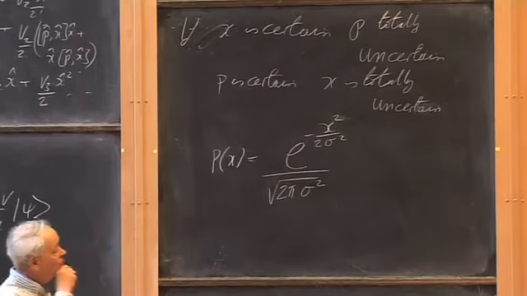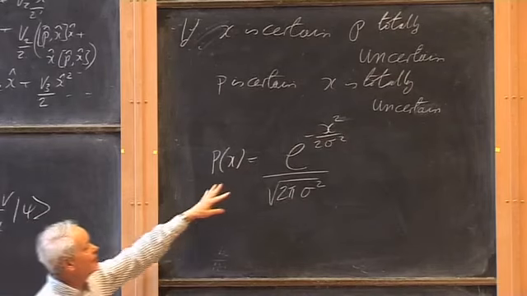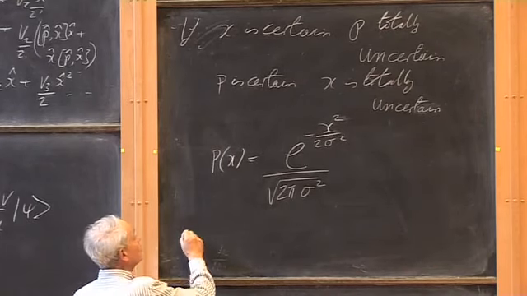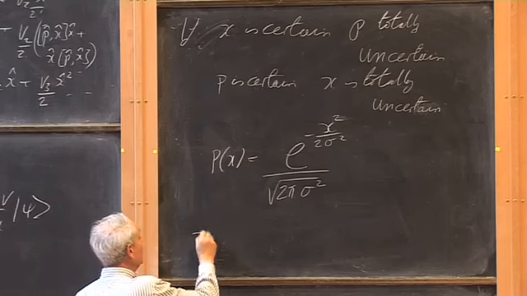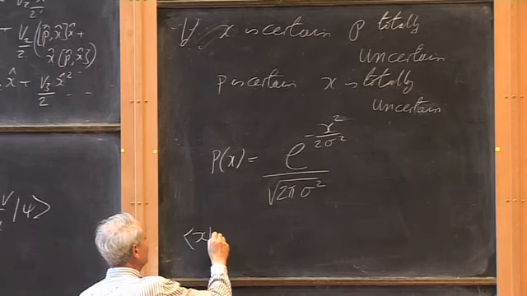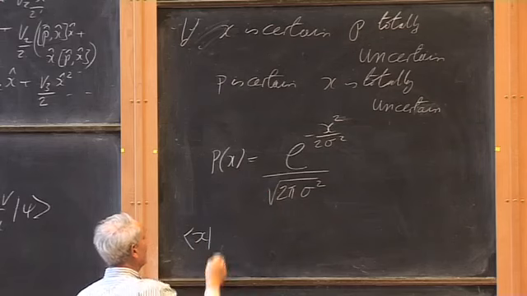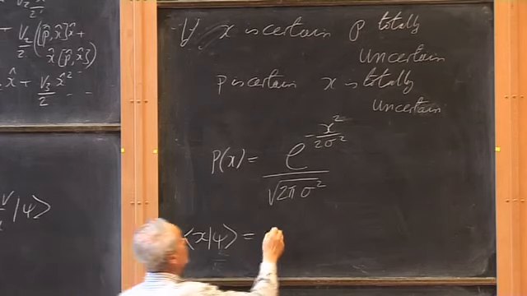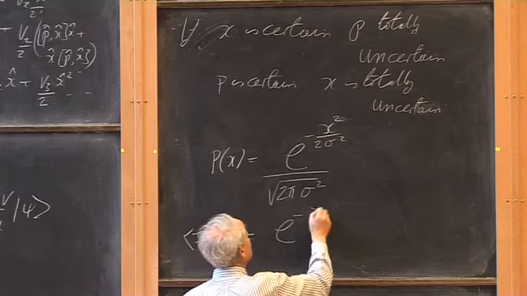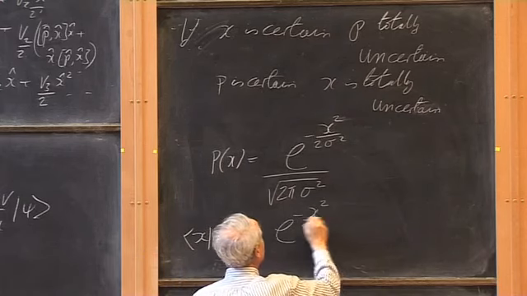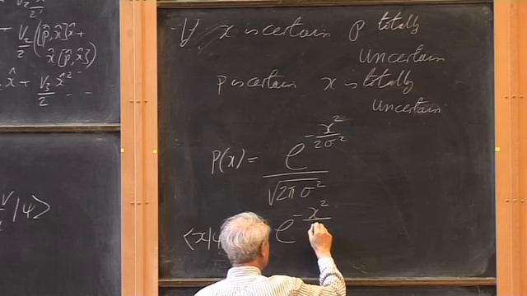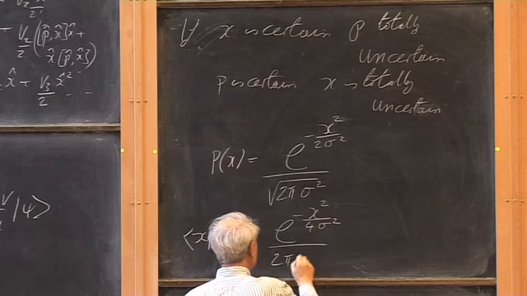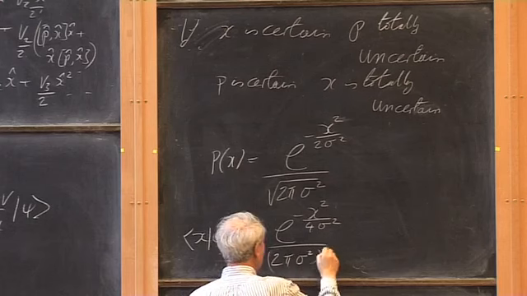We can ask what wave function yields this probability. Well, the answer is essentially it's a wave function which is the square root of this. So a suitable wave function, there are many possible wave functions because phase information isn't conveyed by the probability, but let's write down this wave function, which is e to the minus x squared over 4 sigma squared over 2 pi sigma squared to the quarter power.